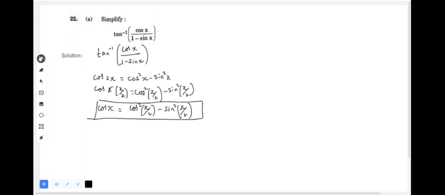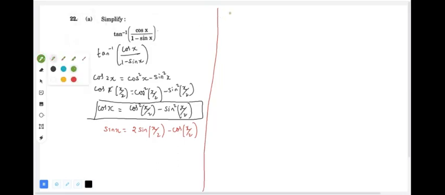Then the second one we have is 1 minus sin x. So here we know that the sin x formula is 2 sin x by 2 into cos x by 2. So now we will be substituting these two values in the given question. If you substitute this here, what do we get?